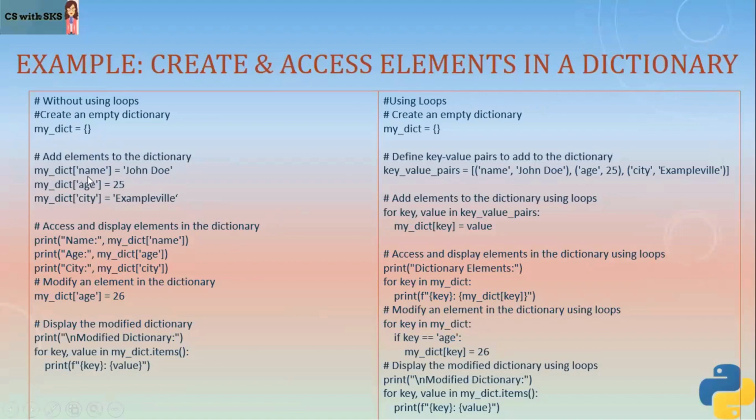So first, my dictionary name is equal to John Doe, my dictionary age is equal to 25, my dictionary city is equal to this, and then I can just simply print the keys and values. And in the loop, you can just simply use a for loop, and then you can access keys and values. I am displaying this program for some time on the screen. You can have a look and run it for your own understanding.